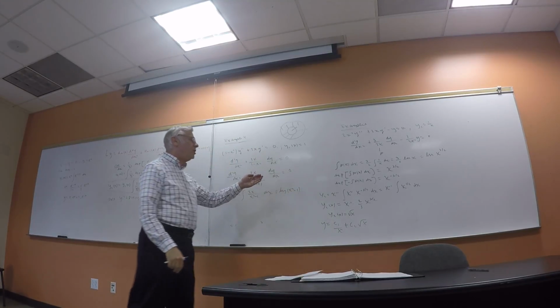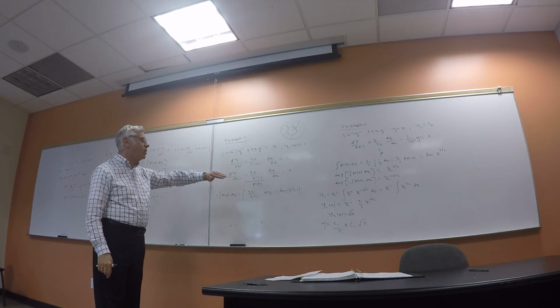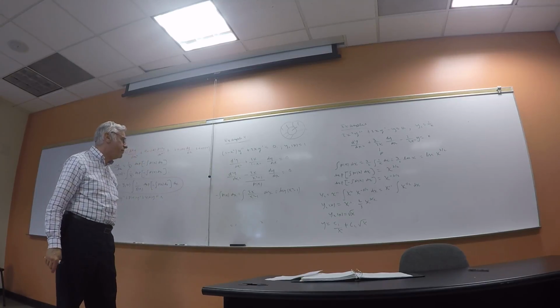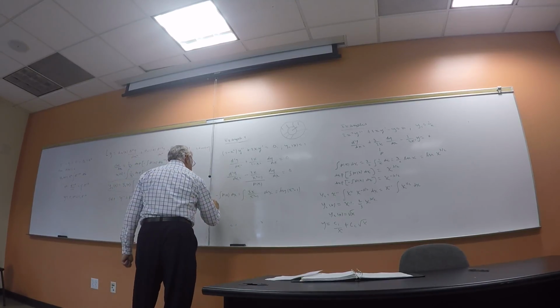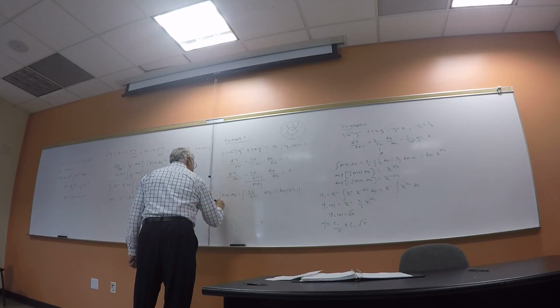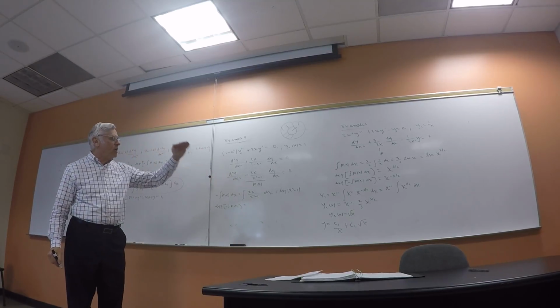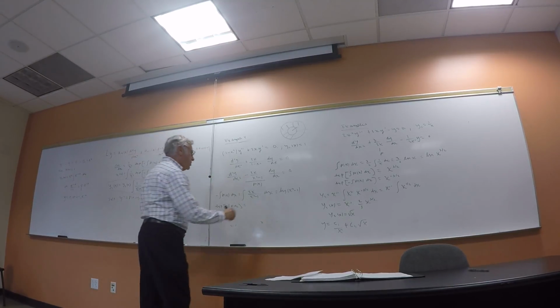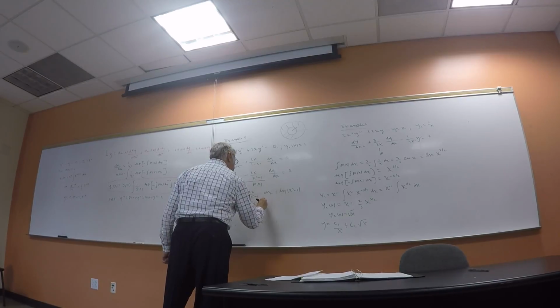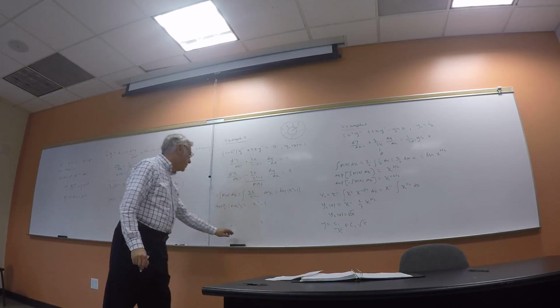Differentiate using the chain rule: 1 over x squared minus 1 times 2x. It's exactly what I have. So now I need the exponential of negative the integral of p of x dx. Well, what's the exponential of the log of x squared minus 1? It's x squared minus 1, just by definition of log.